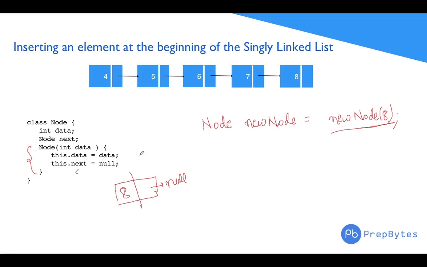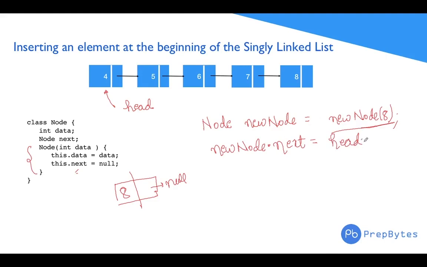Now, if you remember, let's say this was head. What we have to do is update the next of this new node to point to this particular node, which is head. So now this next will start pointing to head.